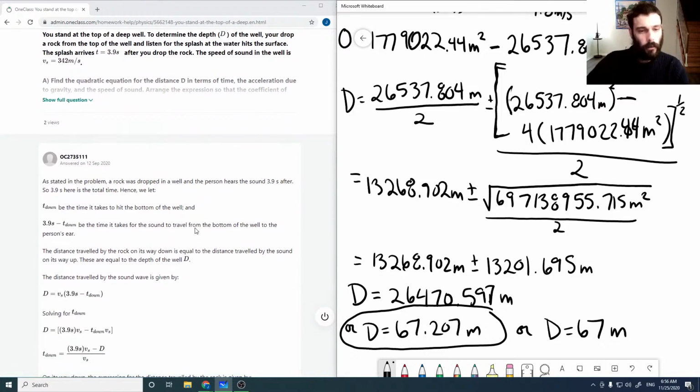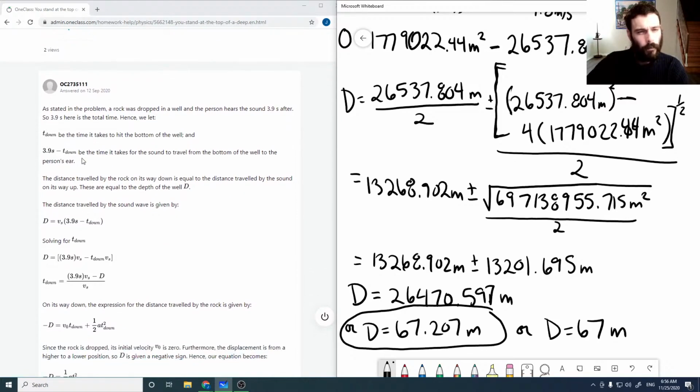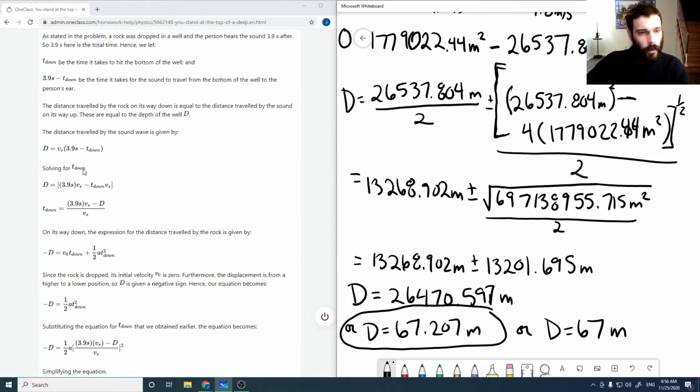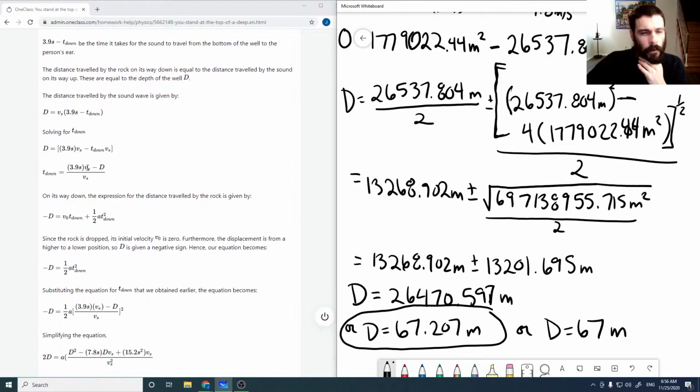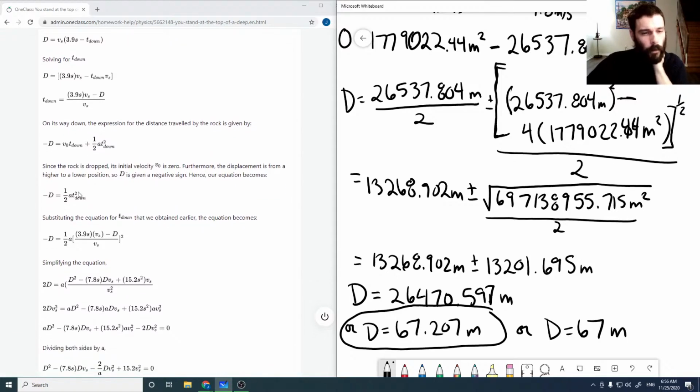Okay, so let's check through this. Dropped in a well. T down is 3.9. By the time it takes for the sound to travel to the person's ear, the distance traveled by the sound wave. Okay, so they're solving for the sound wave first. And this is the distance expression that we solved for before.